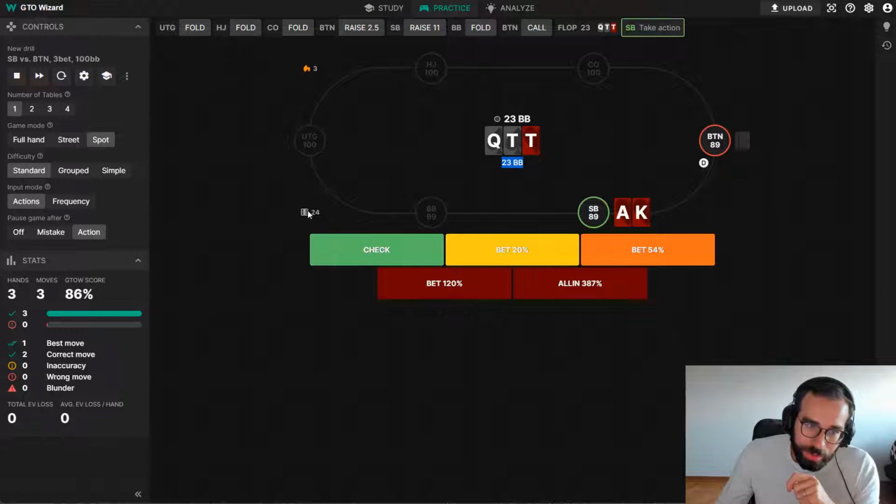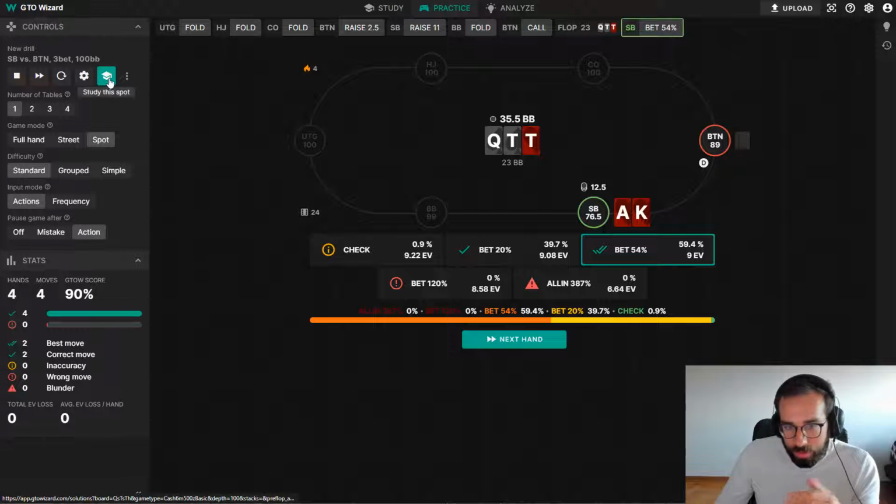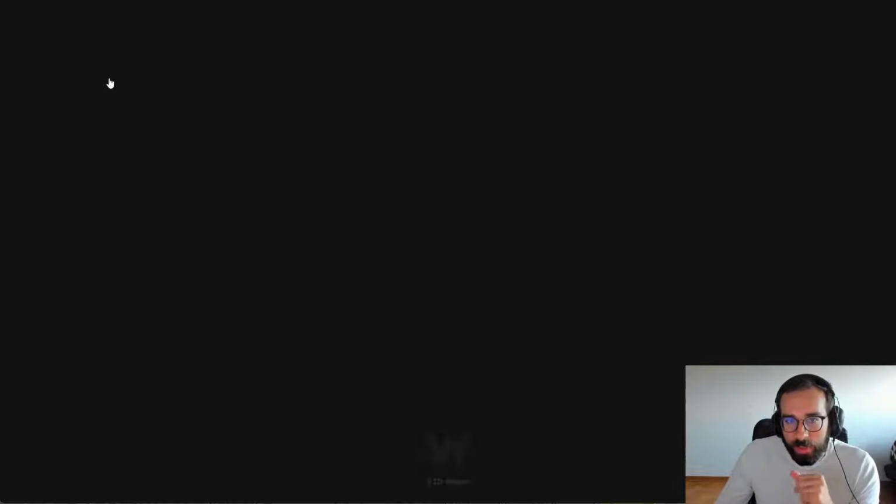The randomizer says 24, so what should I ask myself is, are we checking in this spot more than 24%? I don't think so. Given this assumption, I think we must certainly bet here, and I'm gonna bet. And as you see, there is basically no checking. The favorite sizing is still the half pot bet.